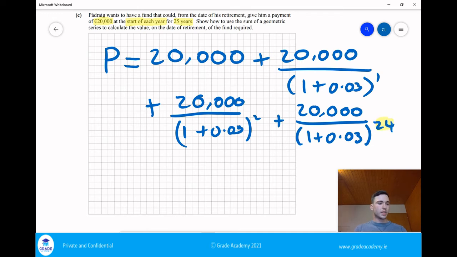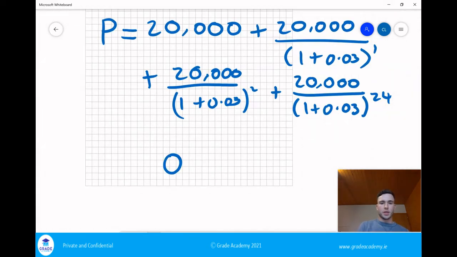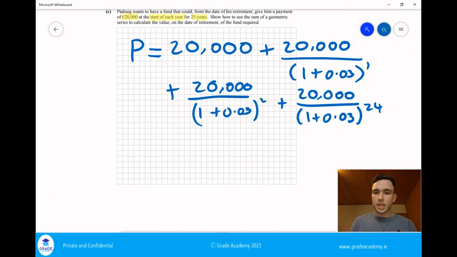Again, just a little top tip is that t is either 0 up to 24, or it's going to be 1 up to 25. Yeah, that might make more sense as we do more questions. By the way, I forgot to put our plus dot dot dot plus, so that's going all the way up until 24.